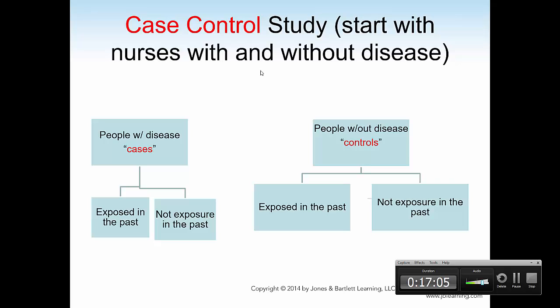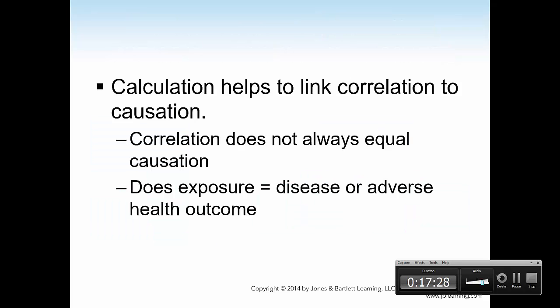So in this case, you would start with the nurses who already had or did not have disease. You can look at your hospital and go around, and that day just ask nurses, of the nurses who have been diagnosed with cancer, how many of you have been exposed to anti-cancer chemotherapeutic agents? Okay. Hope that helps a little bit.